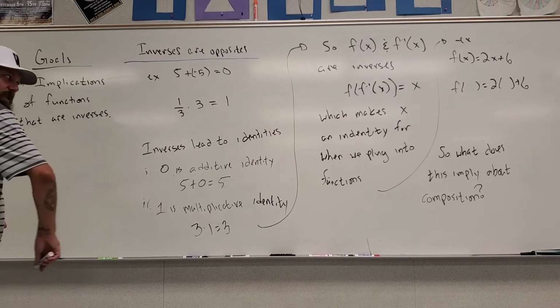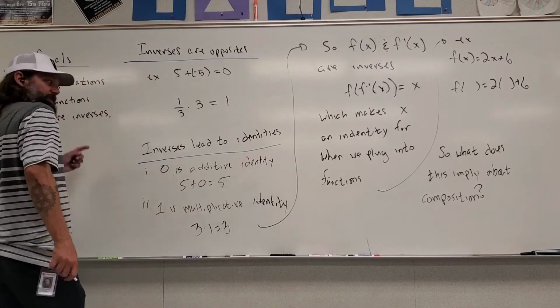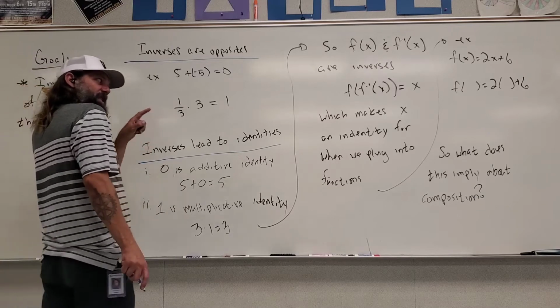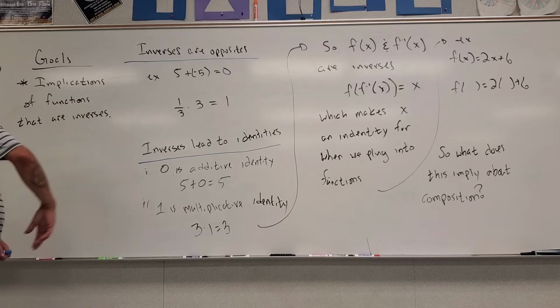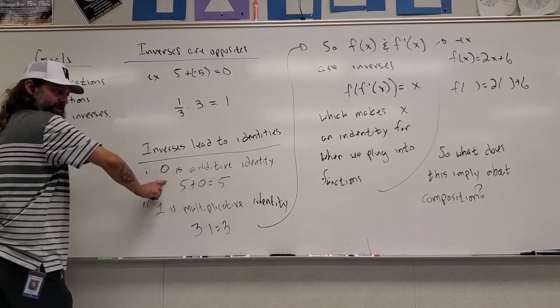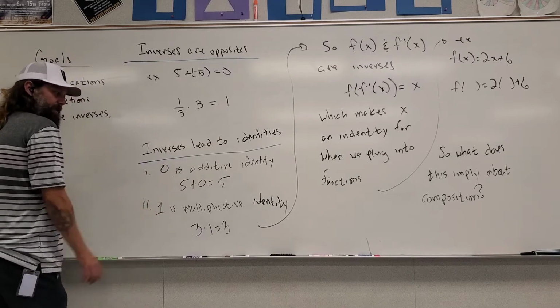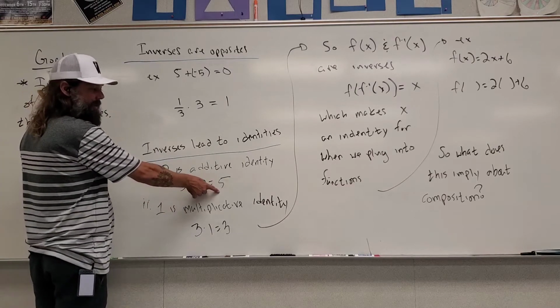Now, it's important to understand that inverses, as I just discussed, are opposites. Inverses lead to identities. Okay? These additive opposites led to 0, so 0 is the additive identity. What that means is if I take any number and add 0 to it, I get the identical number back.